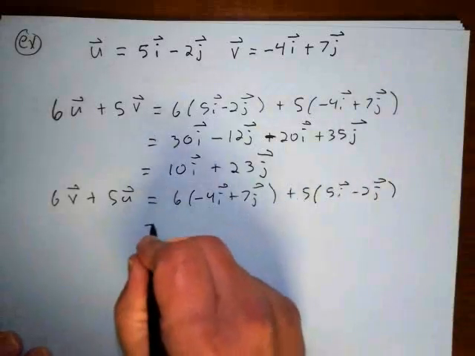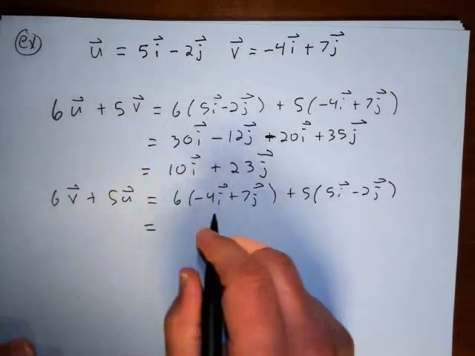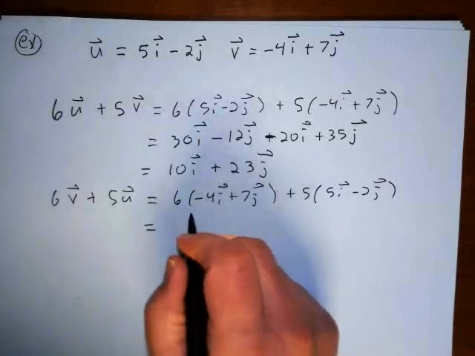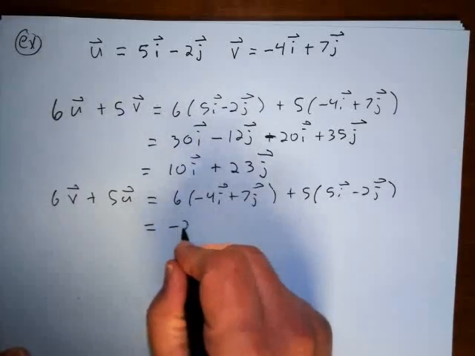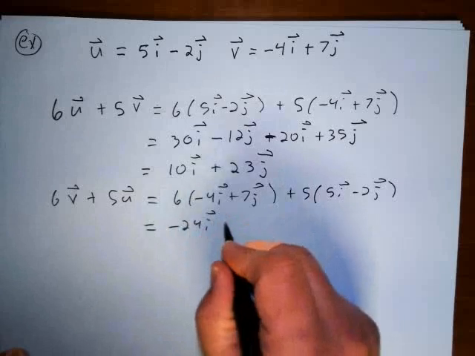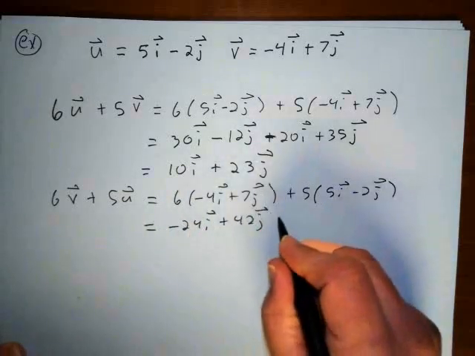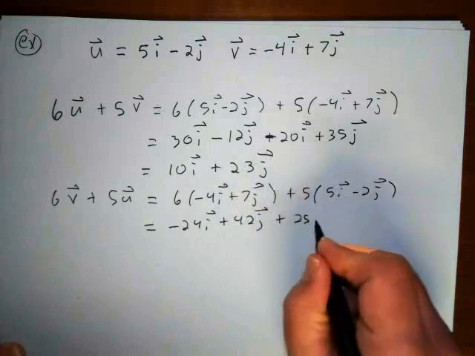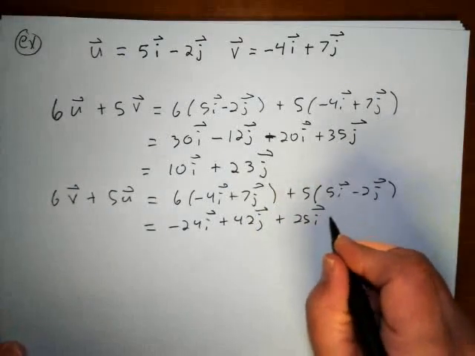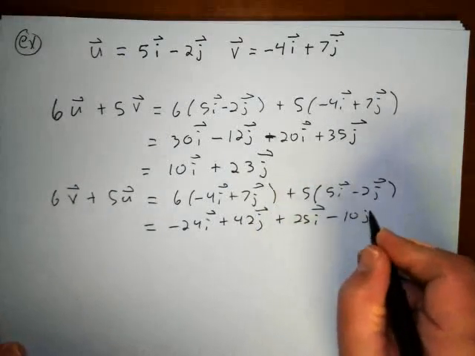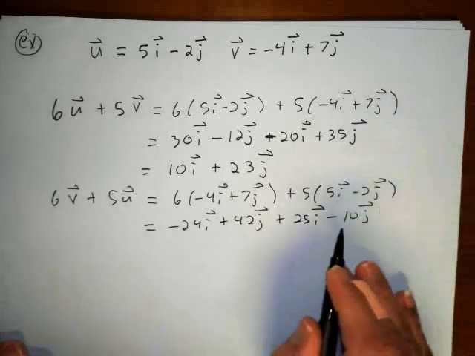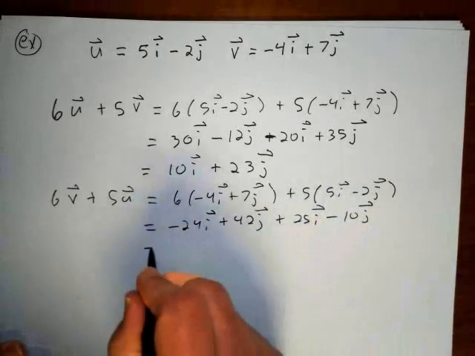Now I can distribute, and this gives me negative 24i plus 42j, plus 25i minus 10j. Now I can combine like terms.